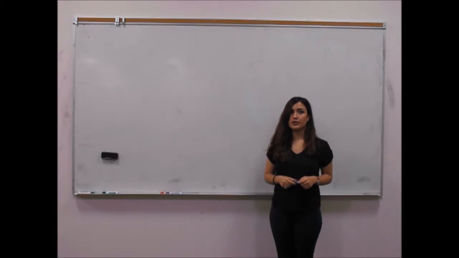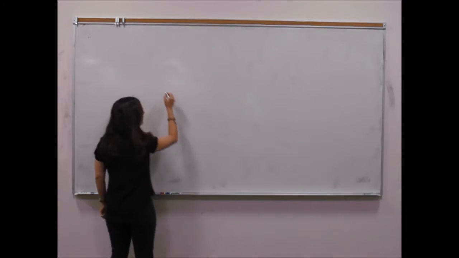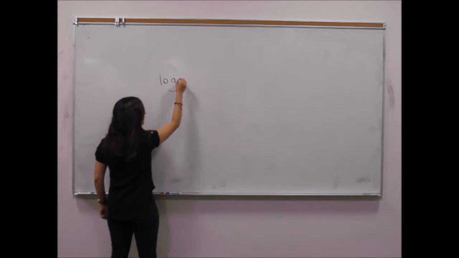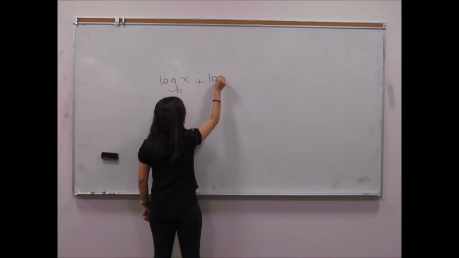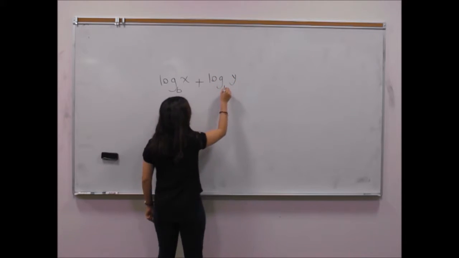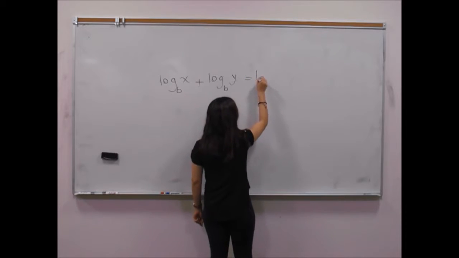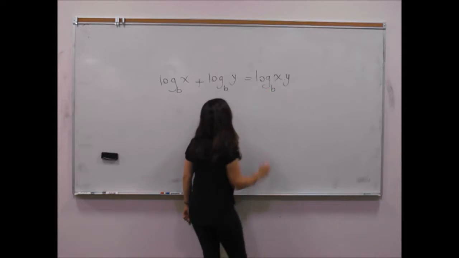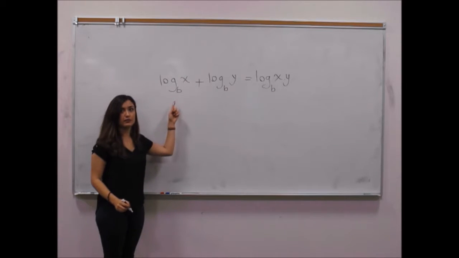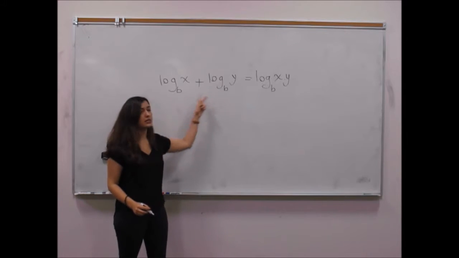There are some properties of log that we're going to use in this video. The first one is when we have log of something with base b plus log of something else with the same base, I can write them as one log and then multiply them together. So when I have log of x with base b and log of y with base b, notice that the bases are the same.